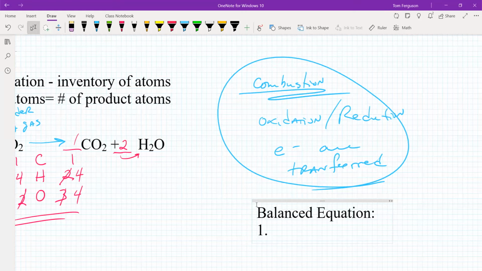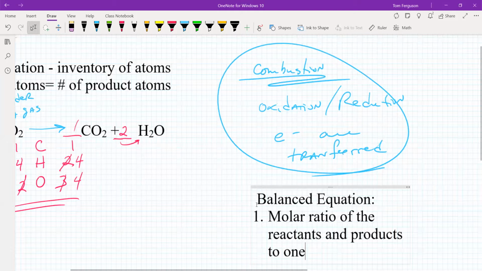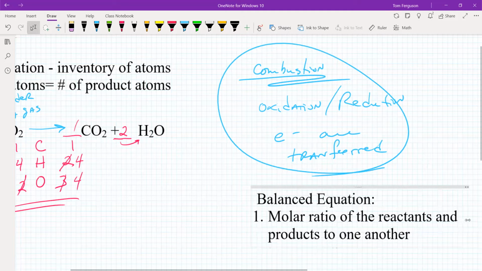Okay, number 1, what does a balanced equation tell us? It tells us the molar, there's that mole again, ratio of the reactants and products to one another.